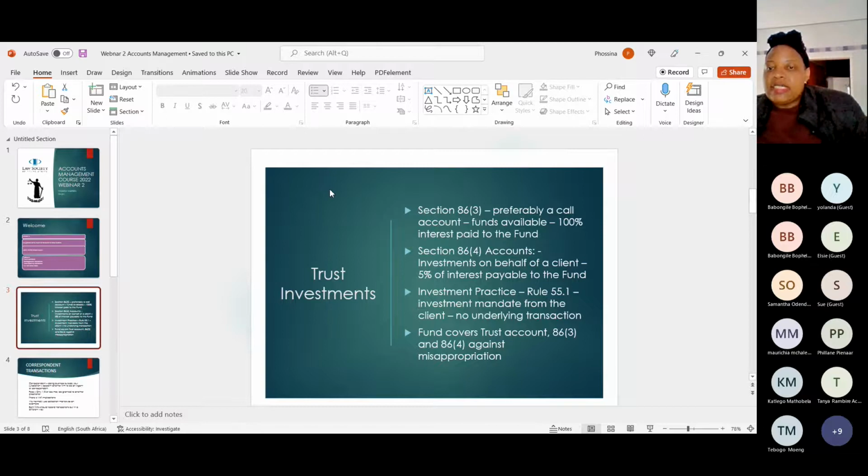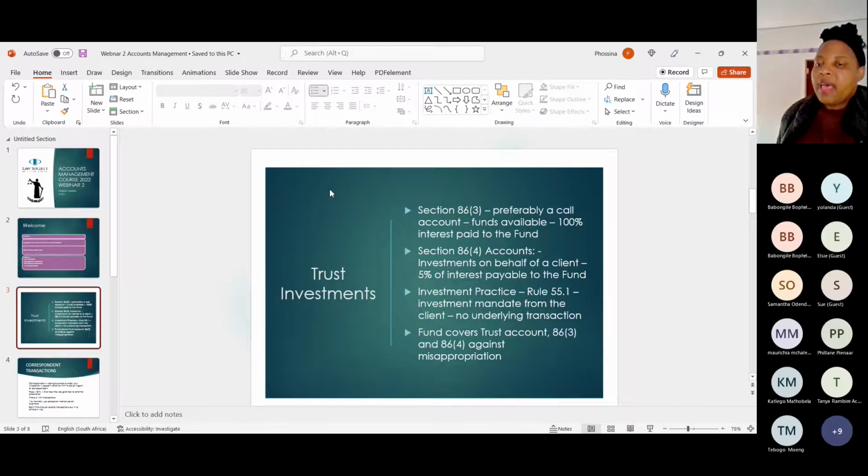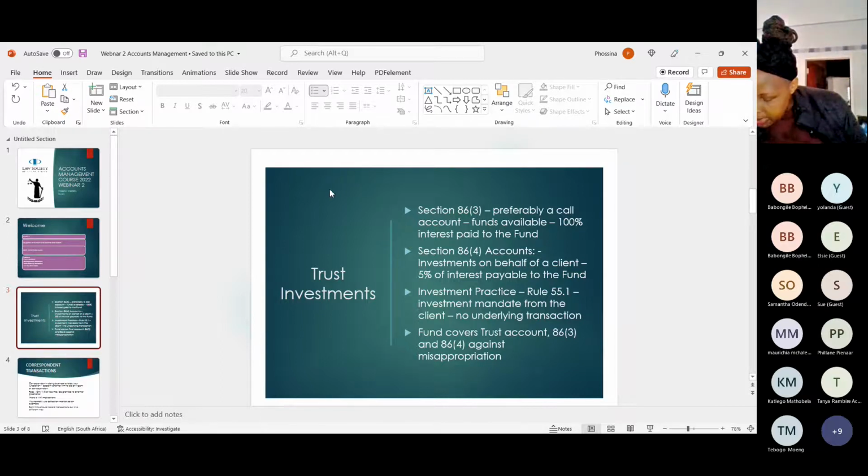They have negotiated interest rates. So you would find whenever you are investing according to the Legal Practice Act, the interest rate is already negotiated for. Even the bank charges are already negotiated for. So basically what you are doing is just putting money aside.